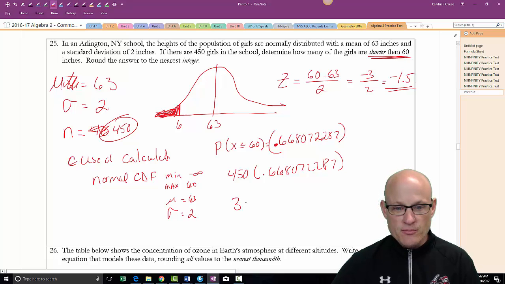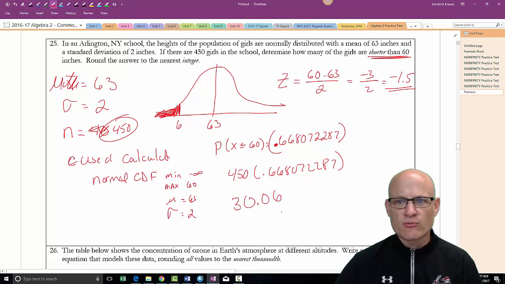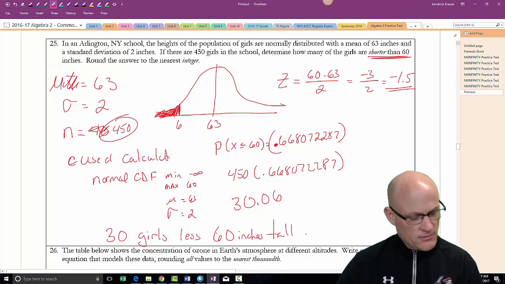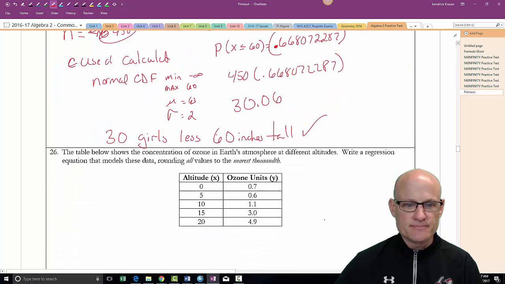So 30.06, rounded to the nearest integer. Okay, so there are 30 girls less than 60 inches tall. Ka-ching, done.